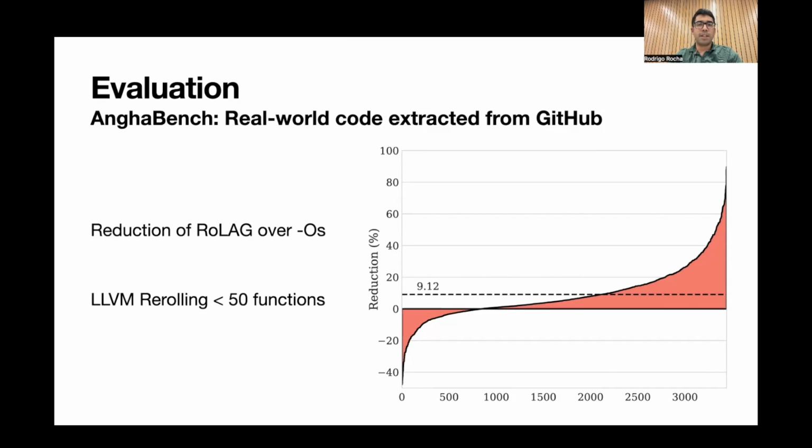The first benchmark that we evaluated is the AnghaBench, which contains a collection of real code extracted from popular GitHub repositories, such as the Linux kernel, the Postgres database, and so on. We measured the reduction of our technique over Os, which is shown in this graph. We're not including the loop re-rolling technique from LLVM because it only affects less than 50 functions, so it wouldn't be visible in this graph.